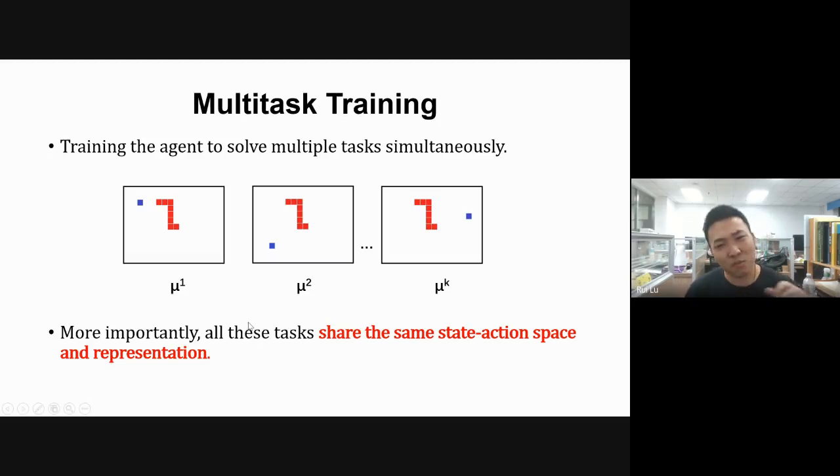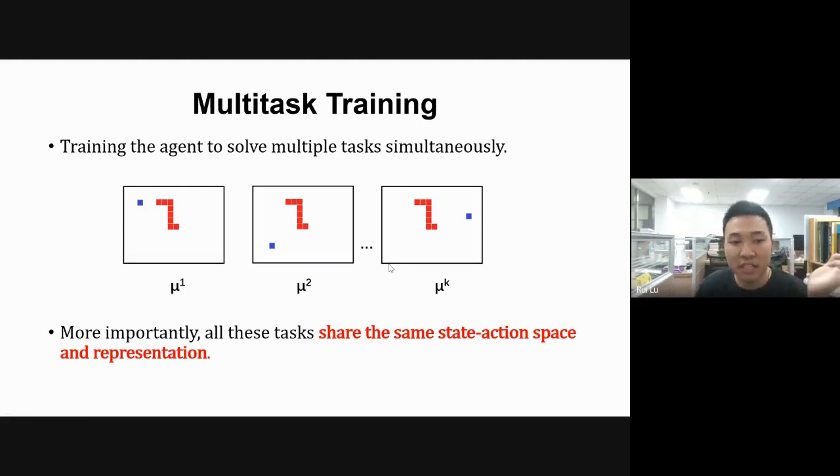What is important about multitask training is that usually all these tasks should share the same state action space. For example, it's always the snake, the space that you can move in is always the same square, and the action space is just four directions. They're all the same.